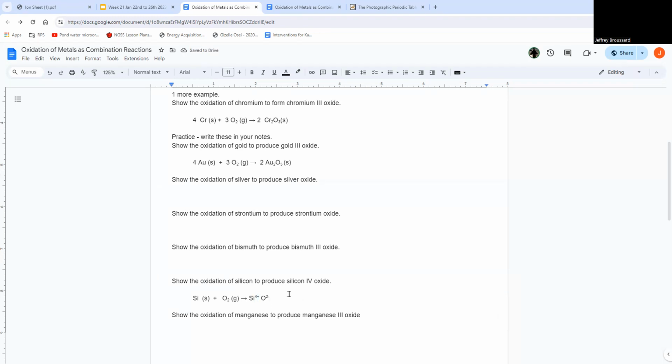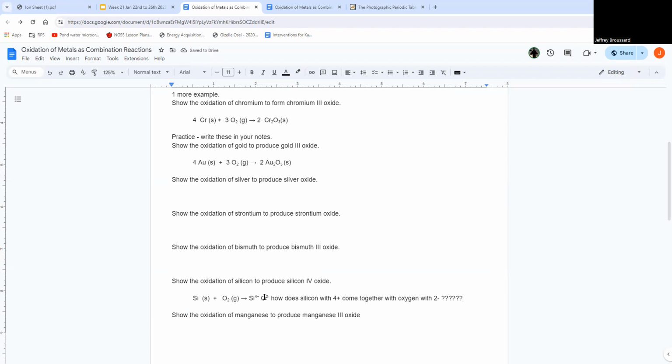Now there comes a question. How does silicon with 4 positive come together with oxygen with 2 negative? So that's our big question.